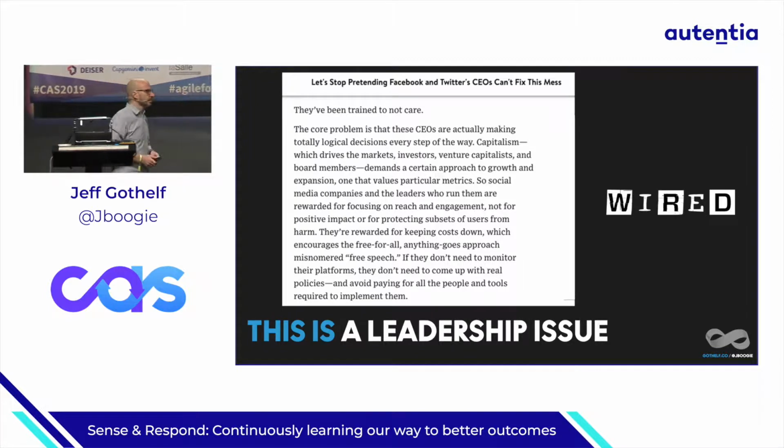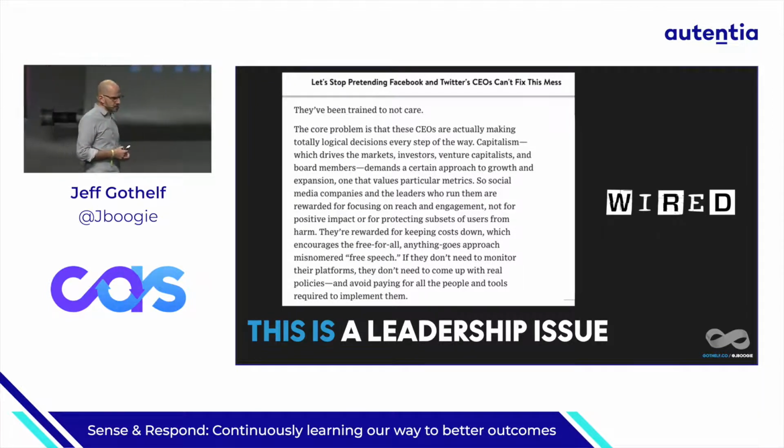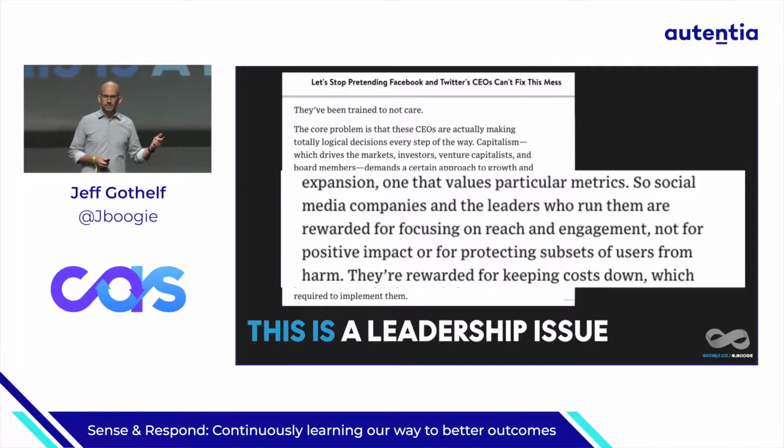Now look, at the end of the day, you may say to yourself, look, I'm an engineer, I'm a scrum master, I'm an Agile coach, I'm a product manager, whatever it is, right? What can I do about this? Well, you're right, to some extent. This is a leadership issue, because avoiding these negative unintended real-world consequences is not what we're incentivizing our leaders to do, right?